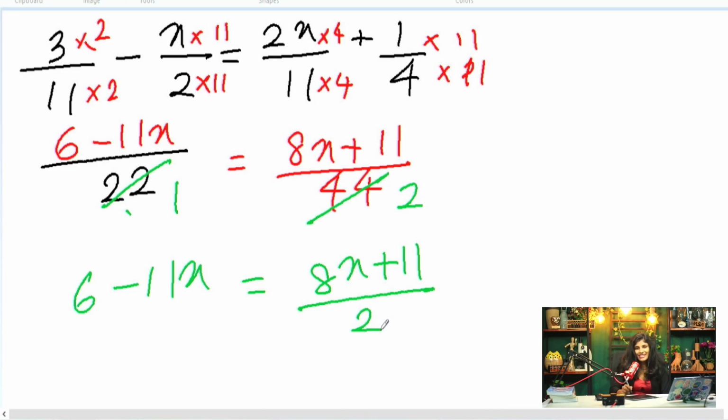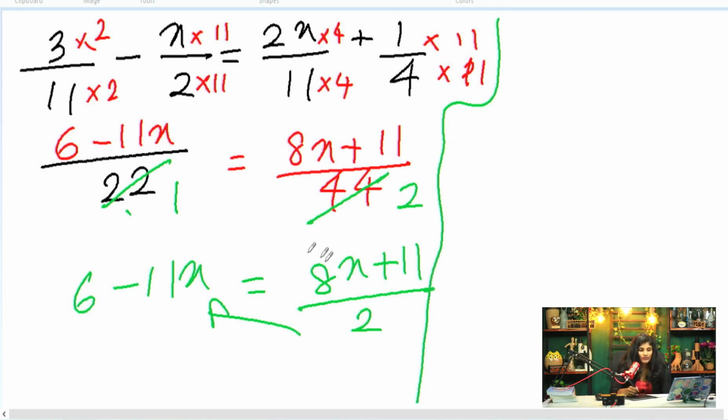Now I can take the 2 to the other side. Okay. Now this is the important part. Guys, when we carry a number to the other side, if we have two numbers there, we have to use a bracket definitely.